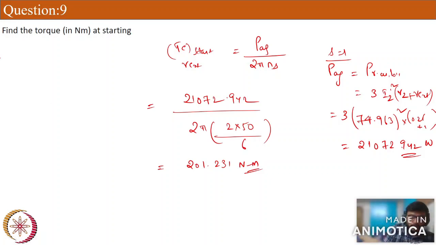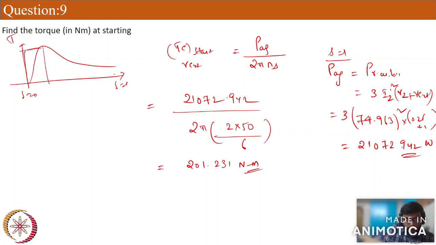Whatever I'm saying, I will discuss in detail next week. But let's say this is your torque, and this is slip from s equals 0 to 1, and this is the maximum torque at some slip, and s equals 1 means starting torque. Whenever you add some external resistance, your curve will be like this.